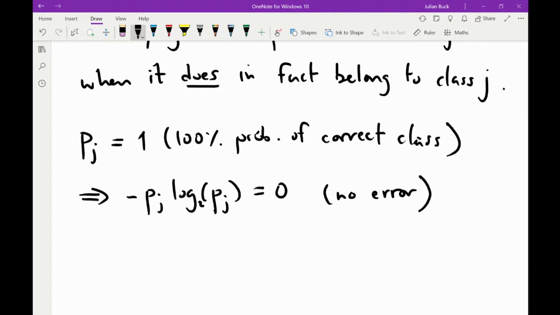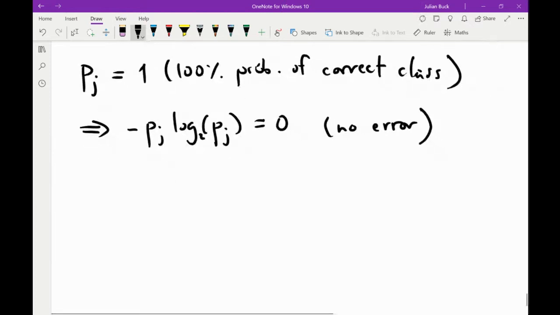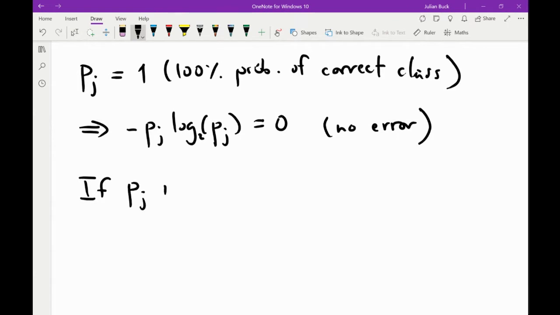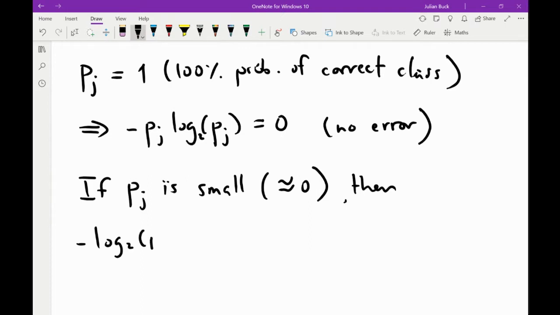And in particular, why is there the negative sign on it? Well, the next bit will explain that. Why are we including a negative? If pj is small, so something close to 0, then what we're saying is we're predicting a small probability of being in the correct class, right? Then in that case, negative log base 2 of pj is very large.